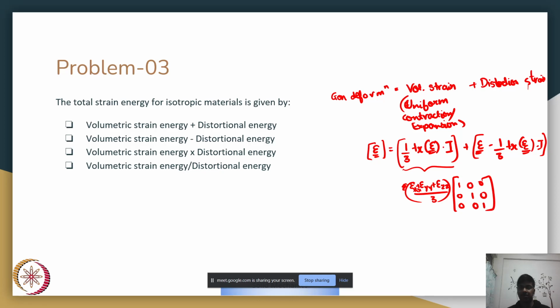This term is a uniform contraction or a uniform expansion. If epsilon xx plus epsilon yy plus epsilon zz is positive, then your entire cube would uniformly expand. This is your volumetric strain, and the other term is your deviatoric strain. I'm interchanging it with the distortion term.